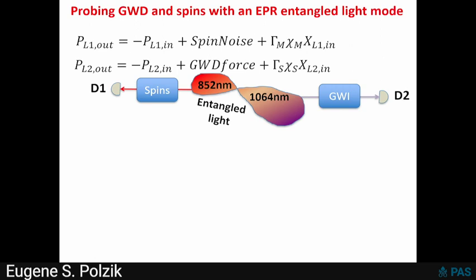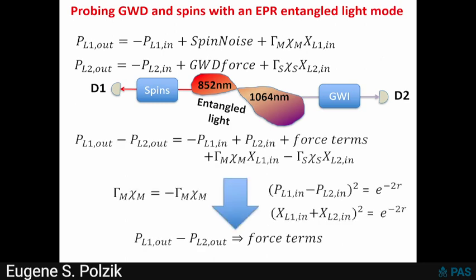One thing to mention is that we cannot use one and the same probe to entangle those systems because atoms need one color and the gravitational wave interferometer needs the other color. Therefore, we need to use entangled light to entangle those systems.